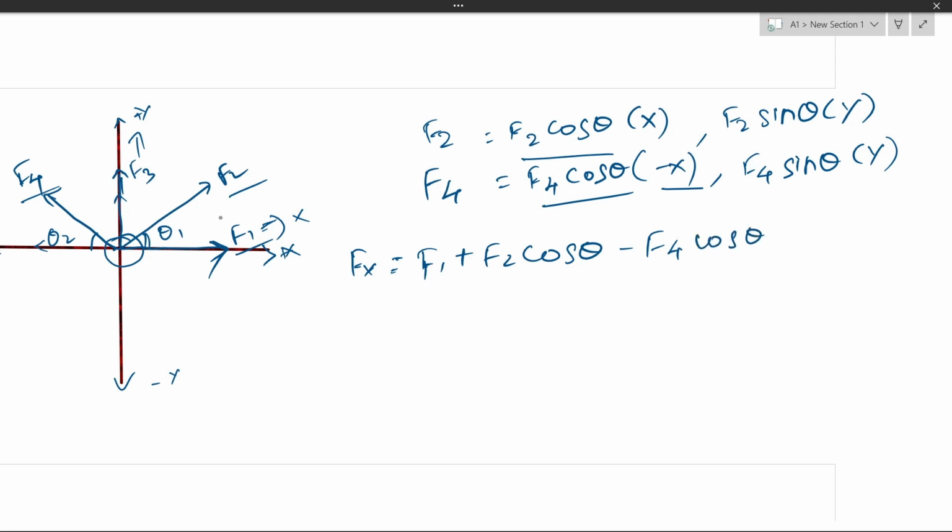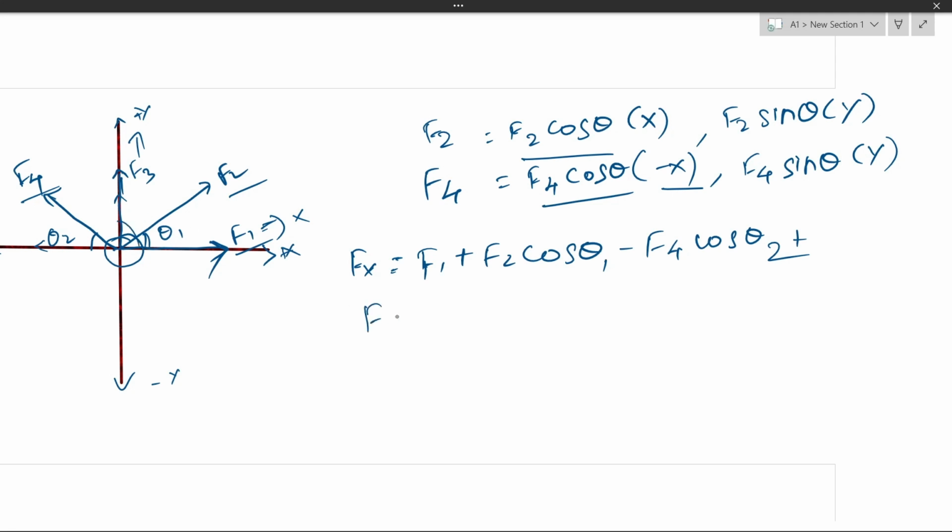Here theta 1 is the angle at which F2 acts, and F4 is at theta 2. F3 has zero component because it acts only in the y direction. Even if you put the angle as 90 degrees, cos 90 is 0, so we don't have to consider that.